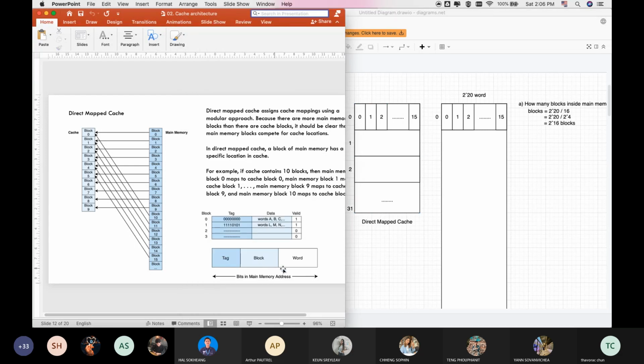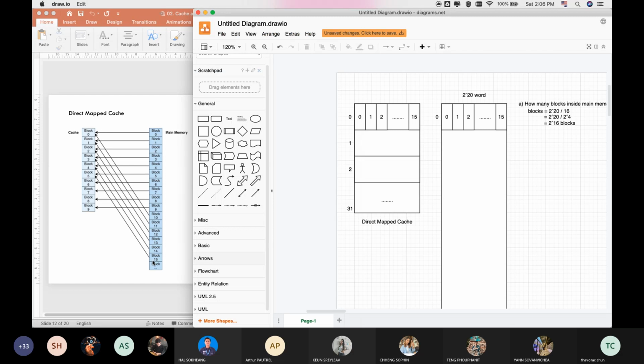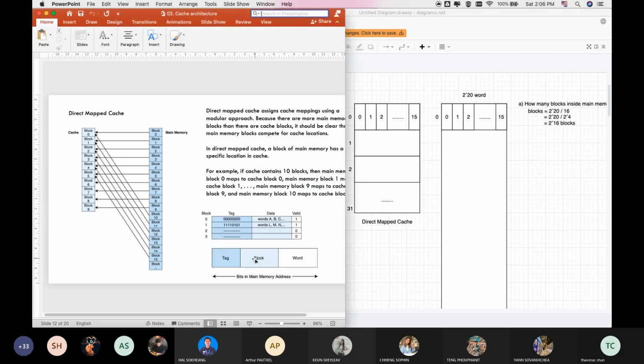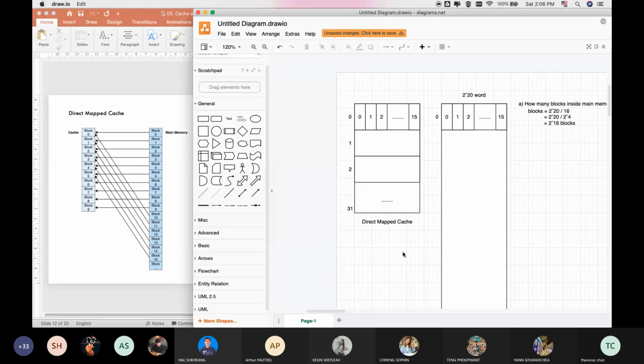So to have these 3 sections, we need to know how many blocks are inside the cache, how many words are inside a block, and how many bits in total are in the main memory. So we need to split it into 3 sections.